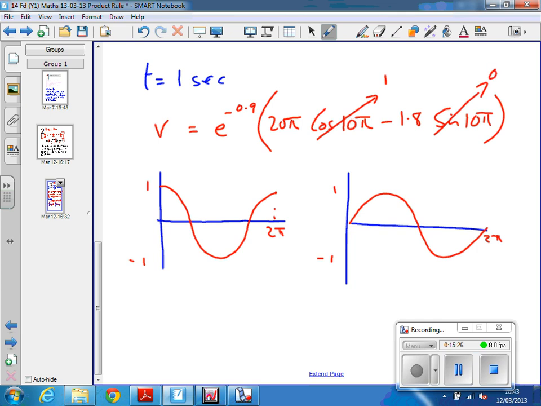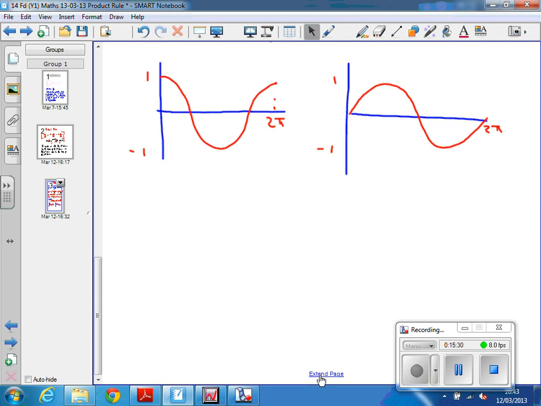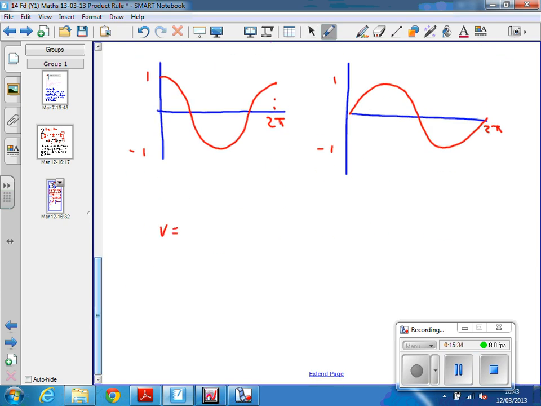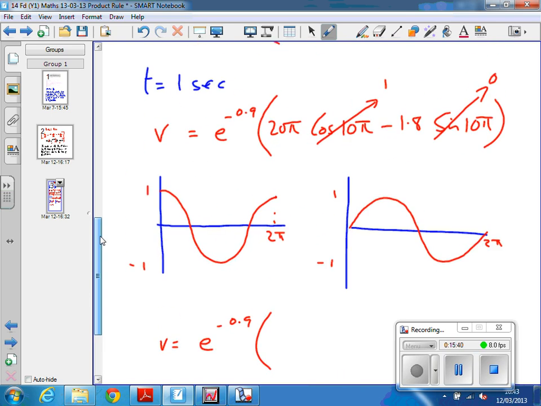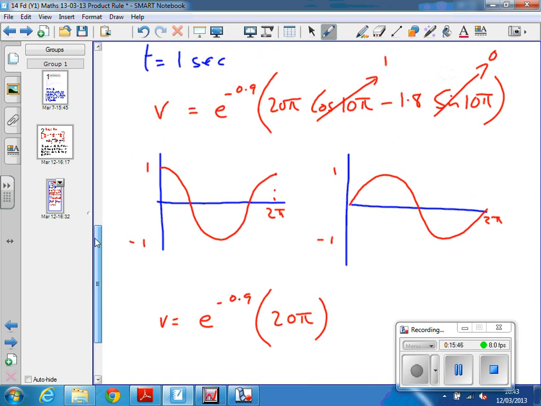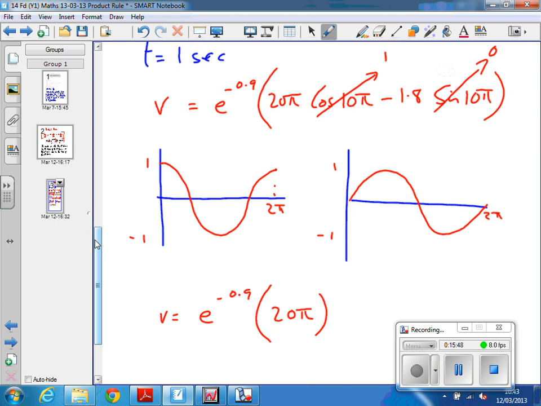All of that's gone. So in fact, going back to here, v equals e to the minus 0.9 times 20 pi. Because the cosine of 10 pi is 1, and because the sine of 10 pi is 0, all the rest of that's disappeared.